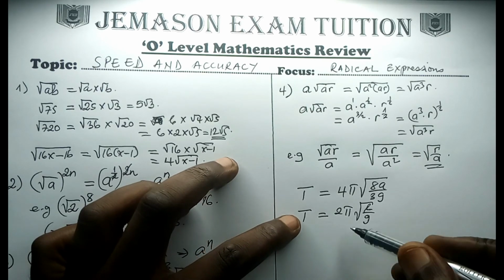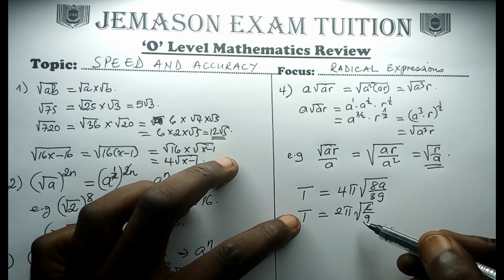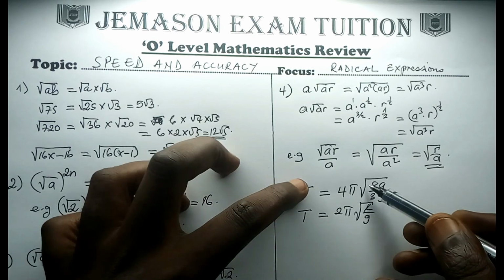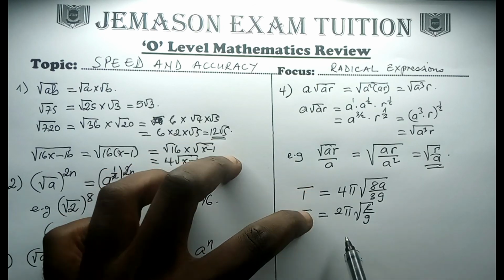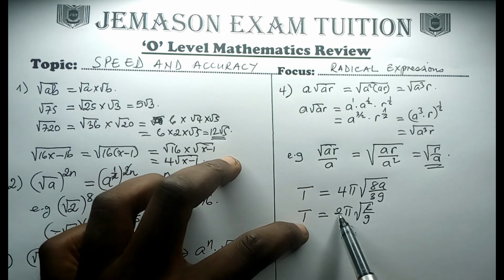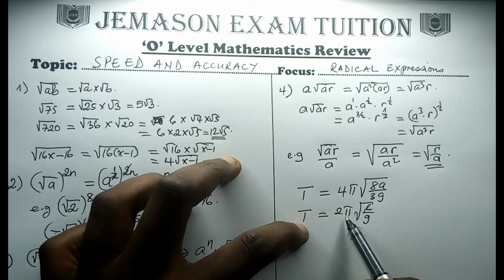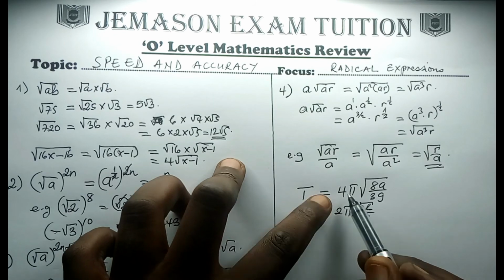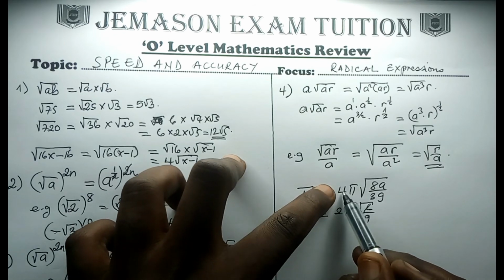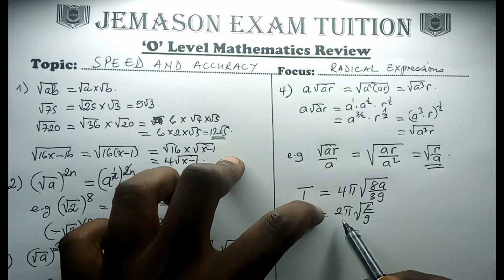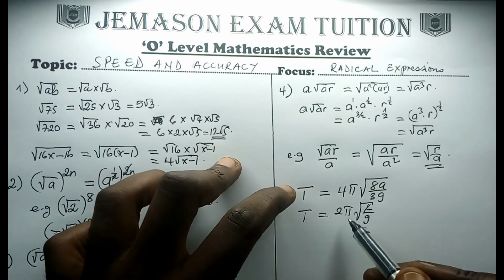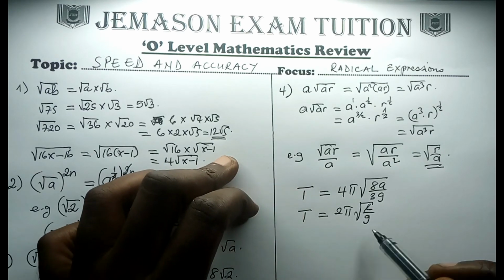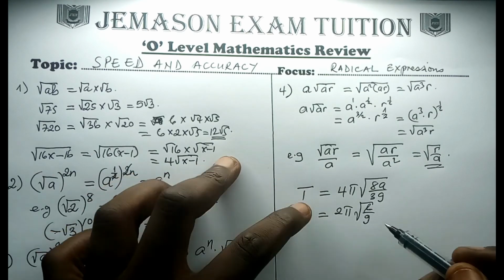When you attempt a comparison with this one, you discover that there is a problem. The coefficient of the radical there is 2 pi, and on the other side it is 4 pi. So we need to make sure that they are the same before we can read the simple pendulum.